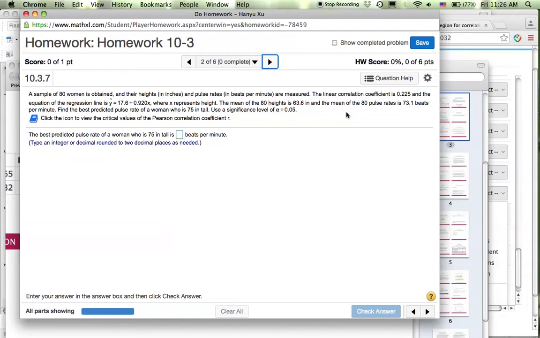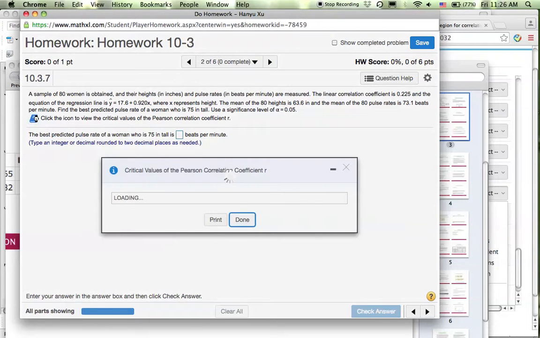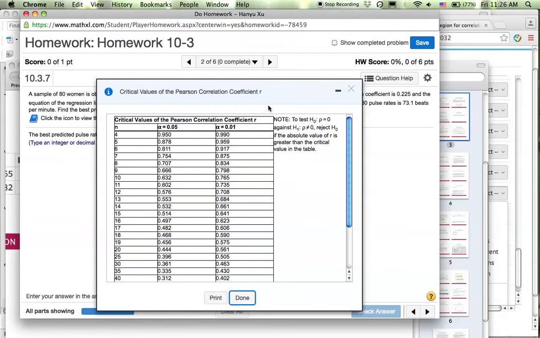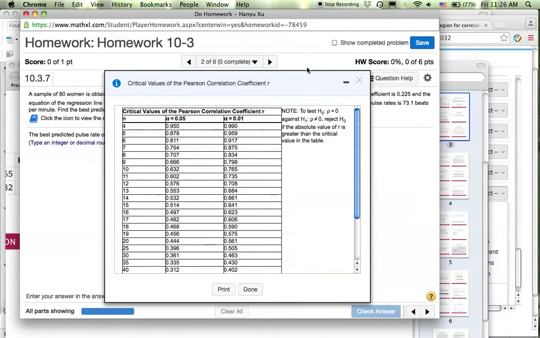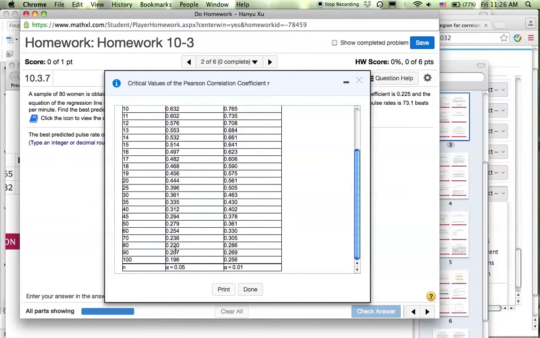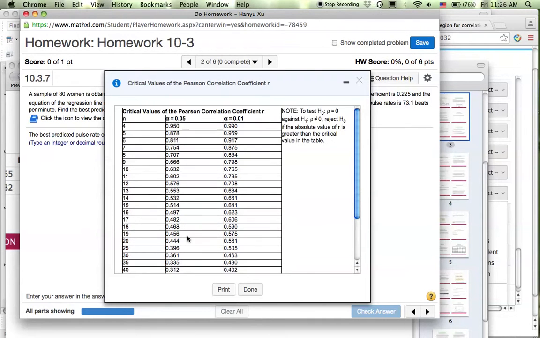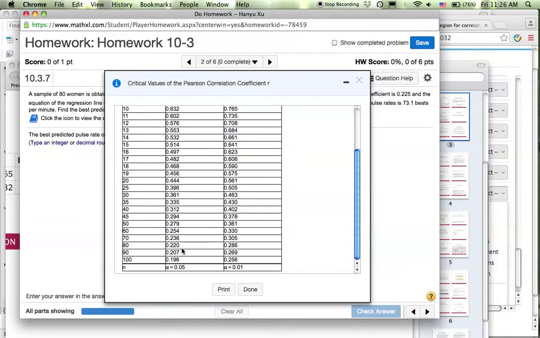For this second one, it is very similar. You have the correlation coefficient equal to 0.225, and you want to check the table for the critical value. This time you have sample size of 80 and alpha equal to 0.05. So go to 80 and 0.05, that's the first column.